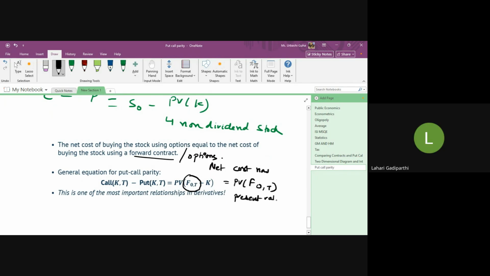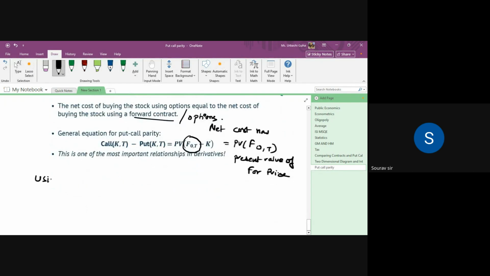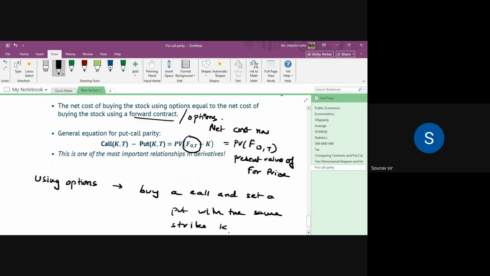And what is using options? Buy a call and sell a put with the same strike and the same maturity. Okay.